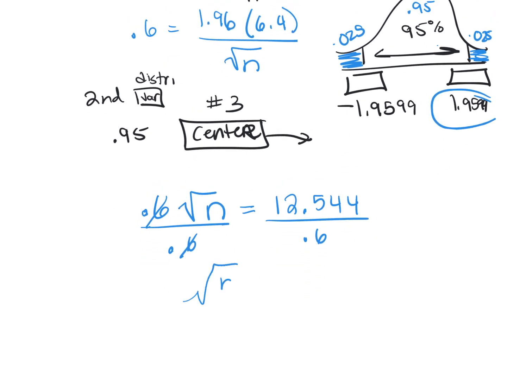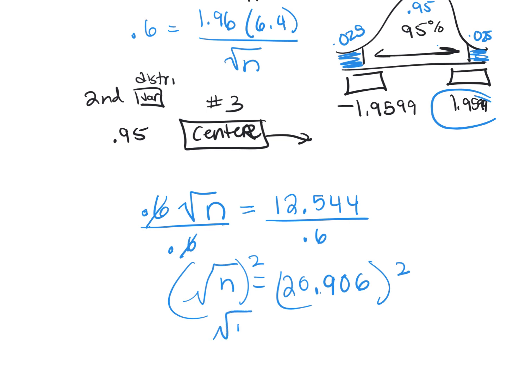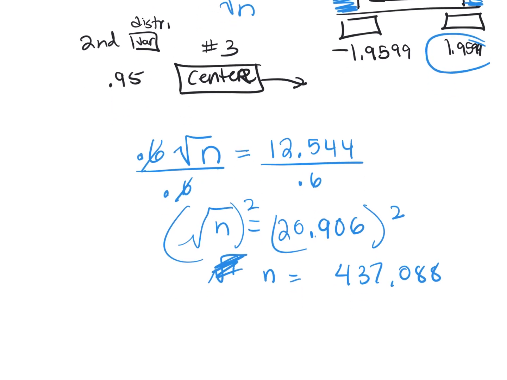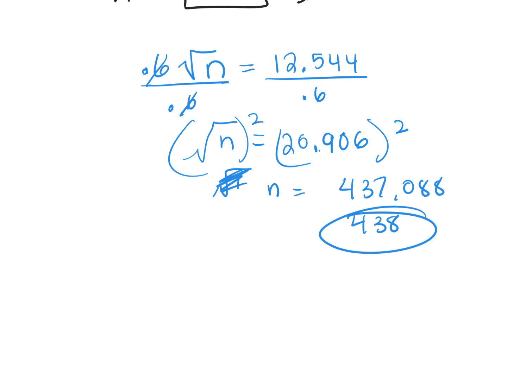I get the square root of n equals 20.906. Square both sides, get rid of the square root, and I get n equals 437.088. Round up to the nearest whole number, 438. Not down, always round up because you want to be a little bit more. So 438 is my answer for my specific problem.